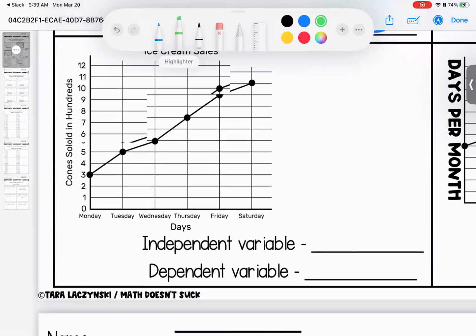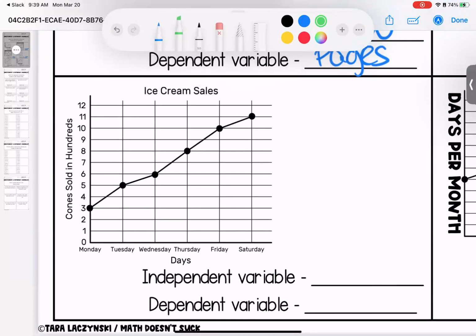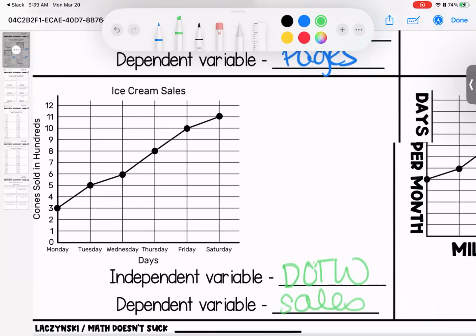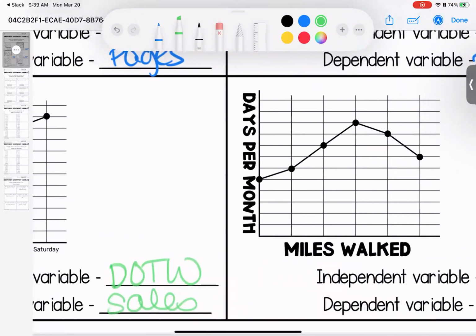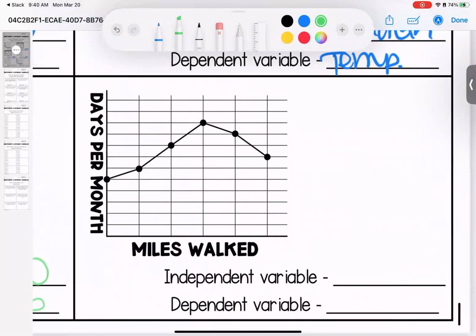Going down to ice cream sales, we're looking at cones sold in hundreds and the days of the week. So again, the days of the week are going to change the amount of sales. And more sales during the weekend than we will during the week when people are usually working and at school.